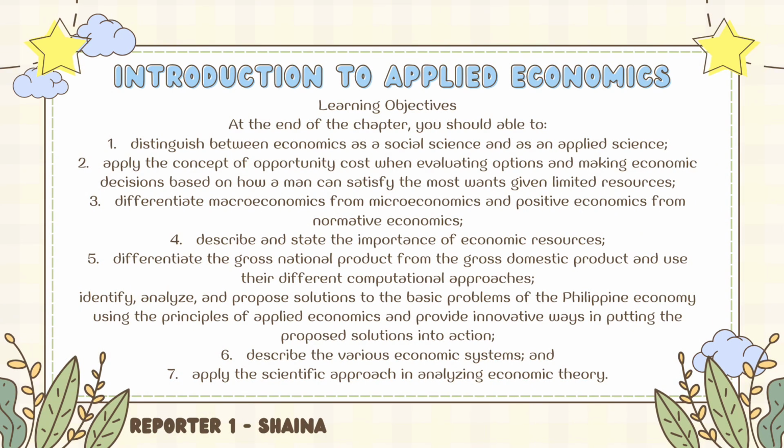Third, differentiate macroeconomics from microeconomics and positive economics from normative economics. Fourth, describe and state the importance of economic resources. Fifth, differentiate the gross national product from the gross domestic product and use their different computational approaches.